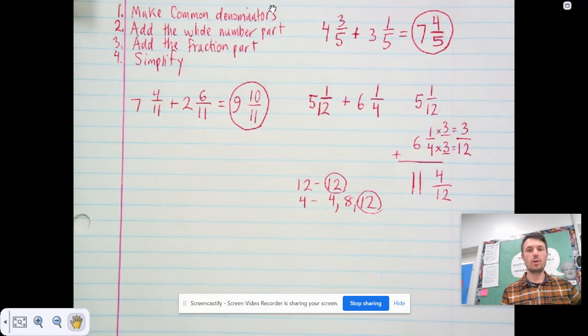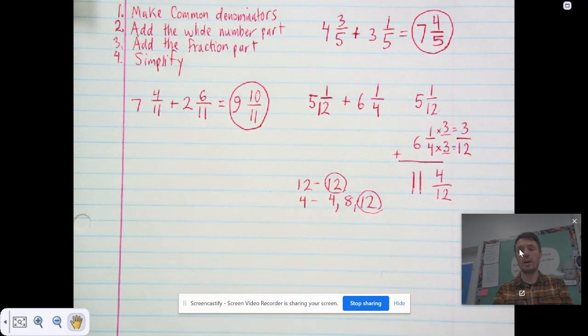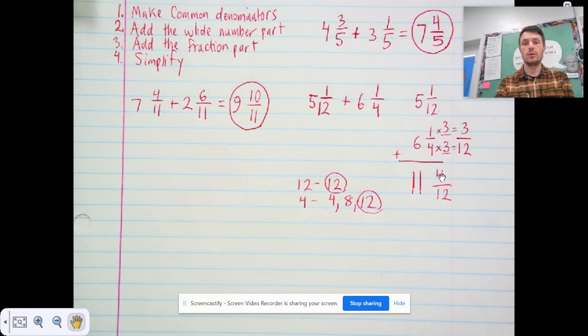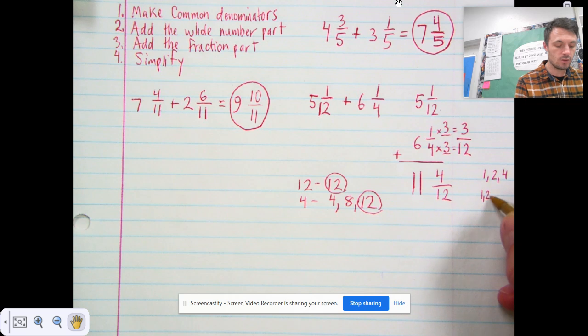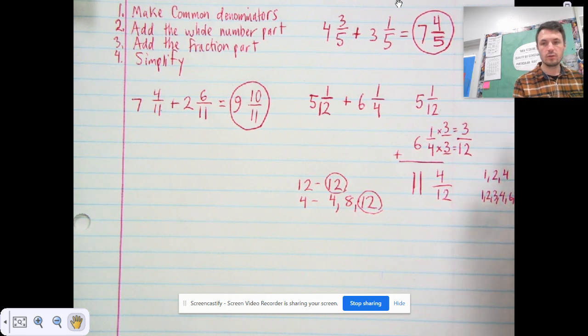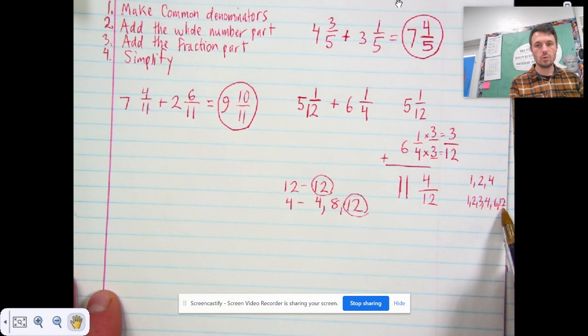Now, step 4 is simplify. And 4 and 12, the numerator and denominator of this answer, they will have common factors. So we list the factors of 4, which are 1, 2, and 4, and we list the factors of 12, which are 1, 2, 3, 4, 6, and 12.